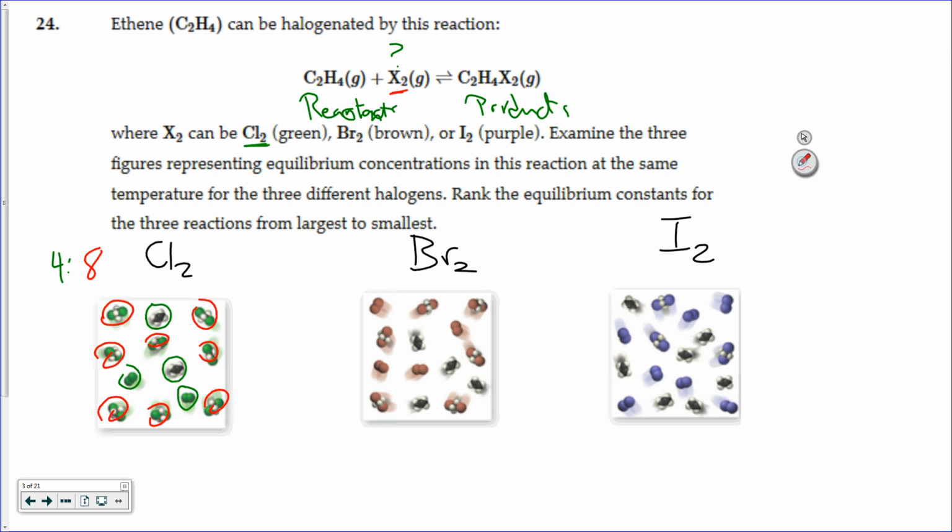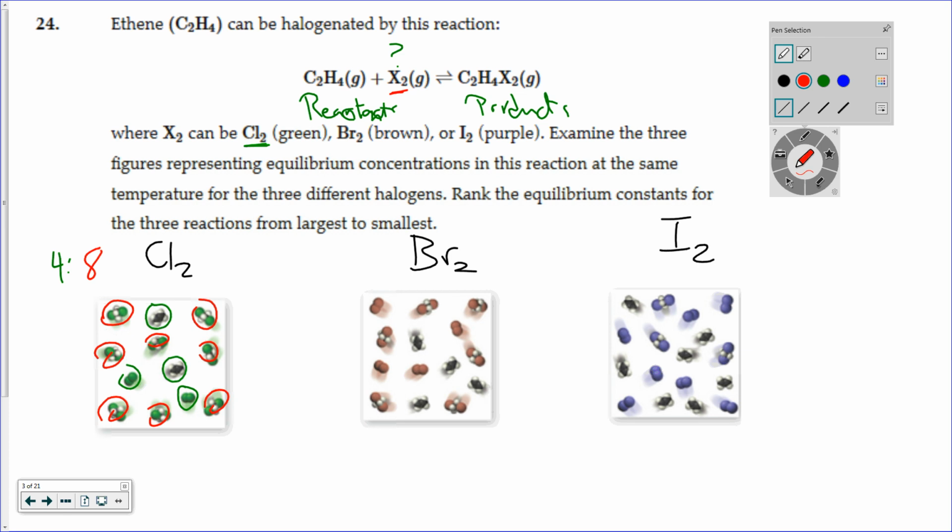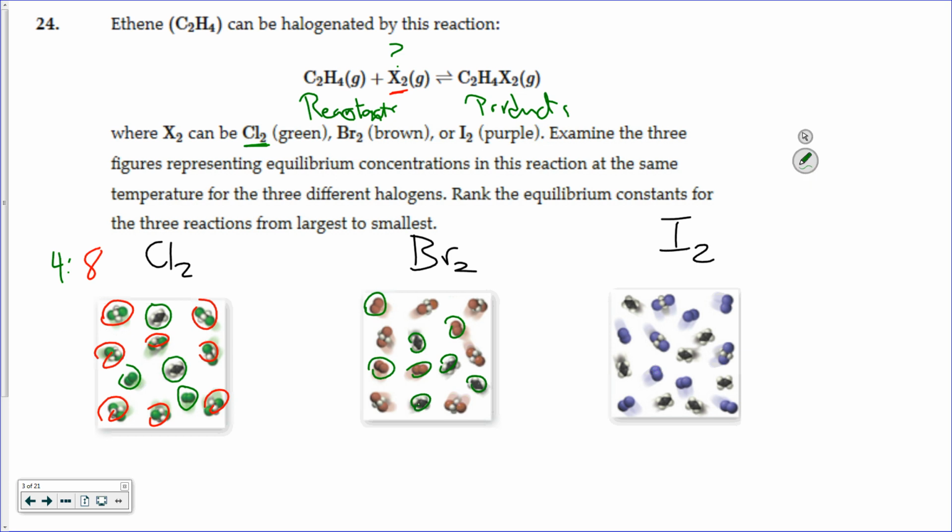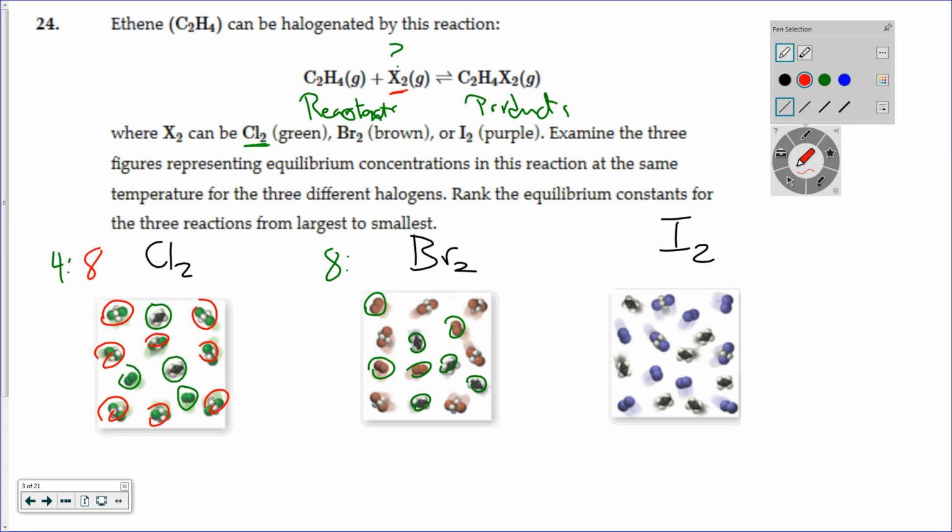All right, so if I look at the next one and do a similar count, the reactants are 1, 2, 3, 4, and then 5, 6, 7, 8. I've got 8 reactant molecules. All right, and if I count the number of product molecules I have, 1, 2, 3, 4, 5, 6.